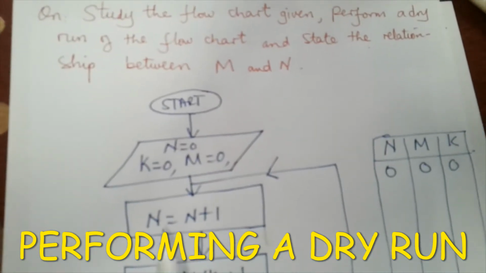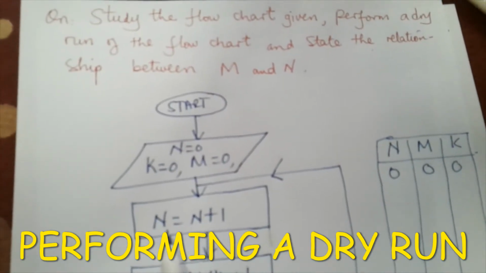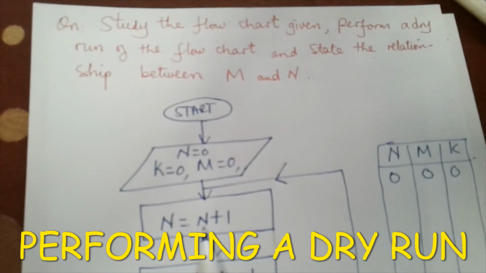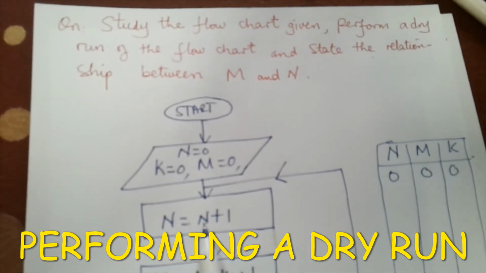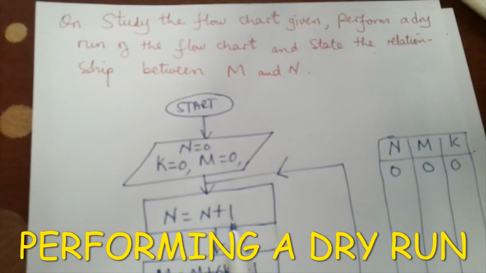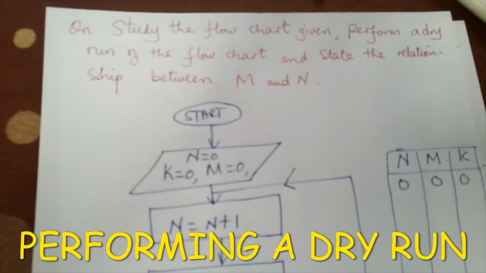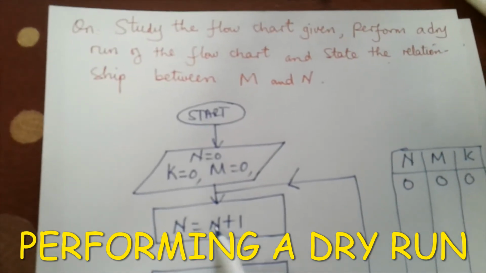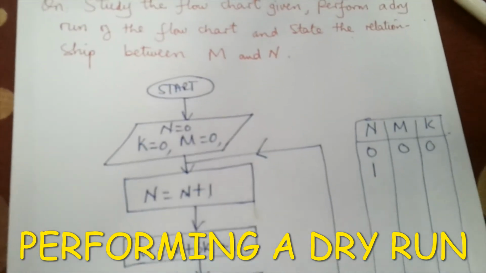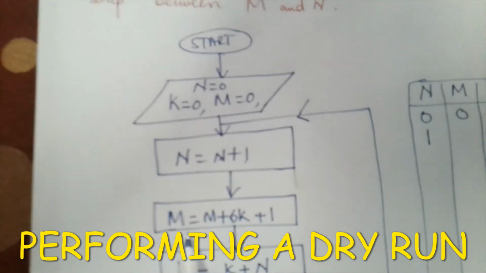Now you can see that N as 0 is replaced by N plus 1. So increase N by 1 to get the new N. Therefore it will be 0 plus 1, and the new N will be 1. Now M will also change.